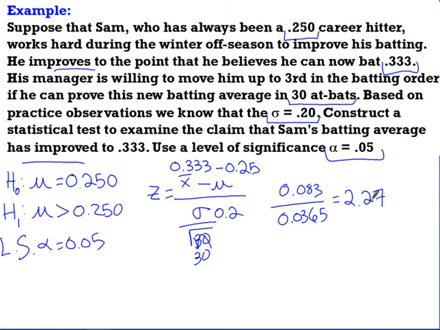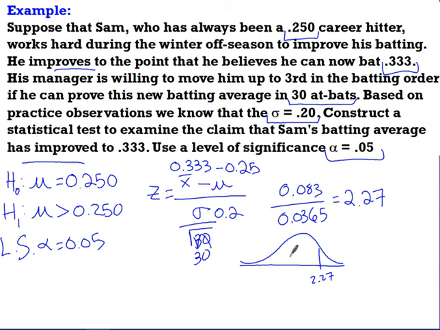Now, how that's going to help me is I'm going to look in the back of the book, and I am going to find the area underneath the curve that is associated with the z-score of 2.27. Now, in that curve, though, I want to make sure I get my correct area. So there's my 2.27. The book's going to give me the area to the right.